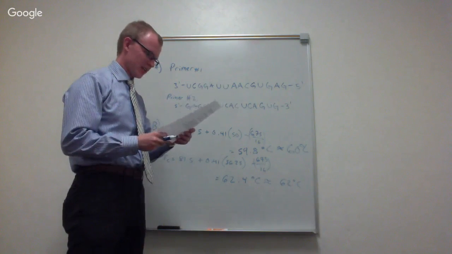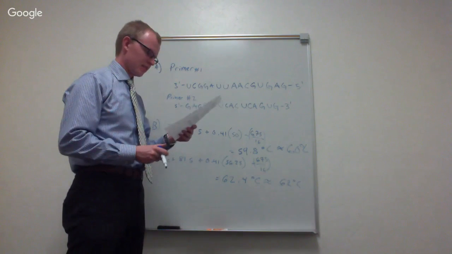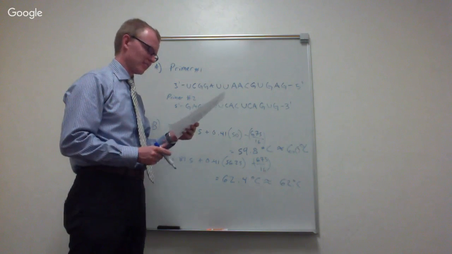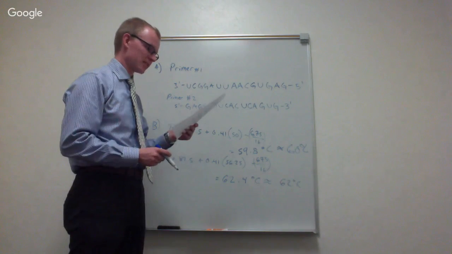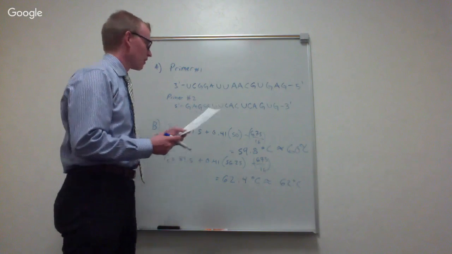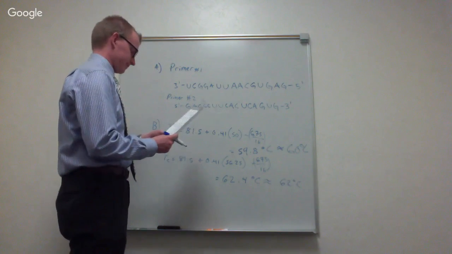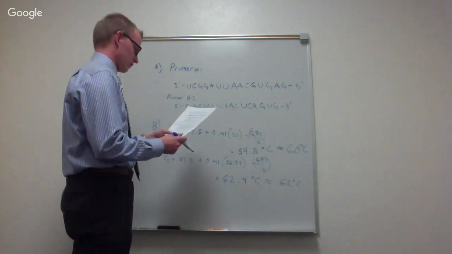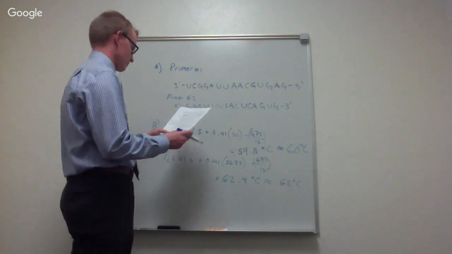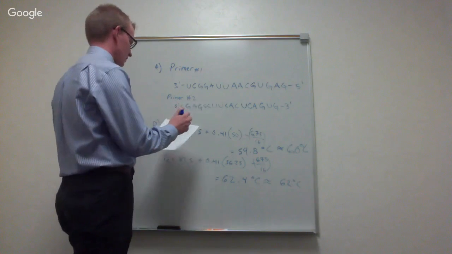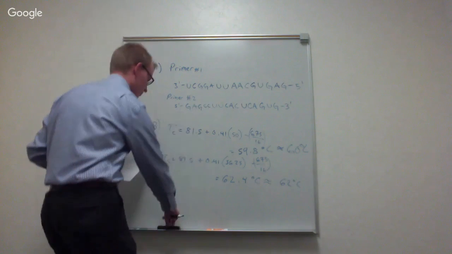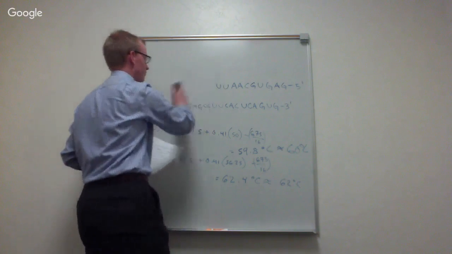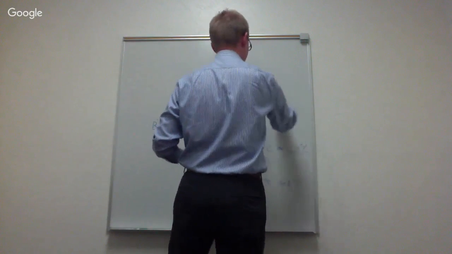Part C says, what are the sequences of the 2 newly synthesized strands if ddCTP is accidentally included? Okay, well then, we are going to synthesize DNA. Clear up some real estate, if you would. We've got my primers out of the way.